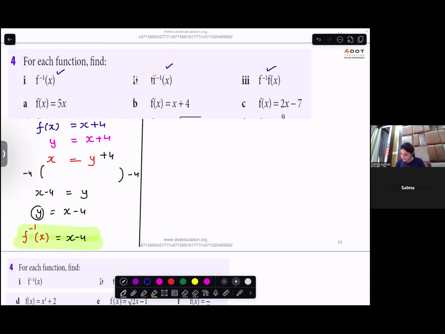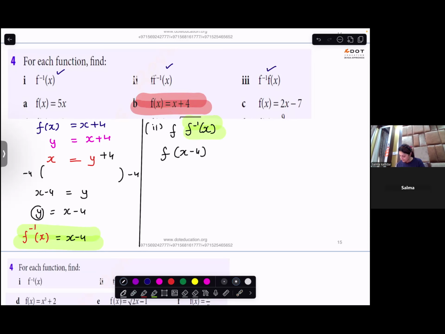Now the second part. We have to find f of f inverse x. I know my f inverse x is x minus 4. I have my f of x as x plus 4. In place of x, I'm going to put x minus 4.